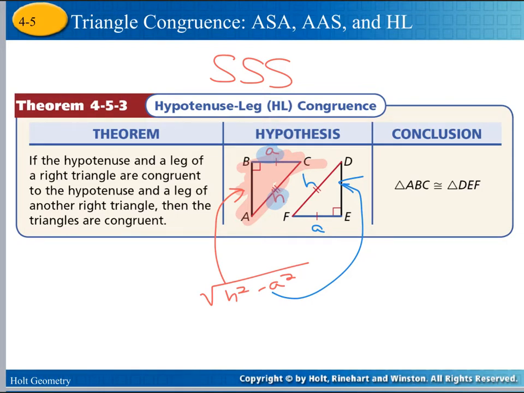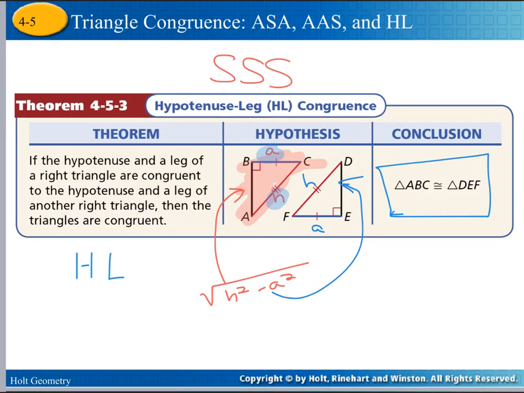So if the hypotenuse and a leg in one triangle are congruent to a hypotenuse and a leg in the other triangle, then I know that third side is also congruent. And we've already shown that side-side-side is a postulate that we use to show triangles are congruent. So this triangle would also be congruent.